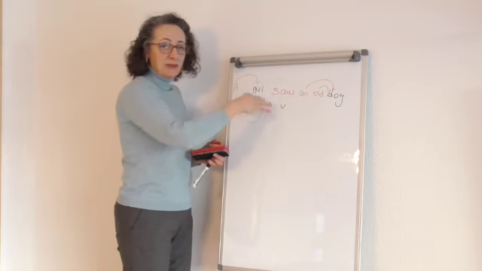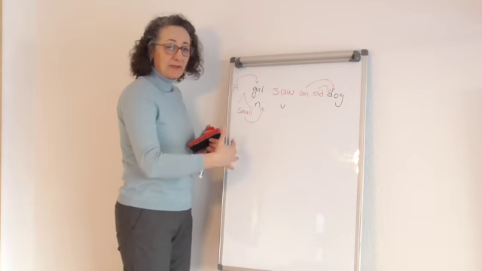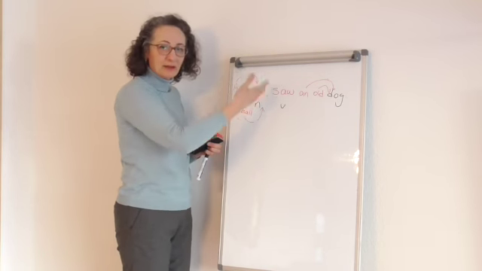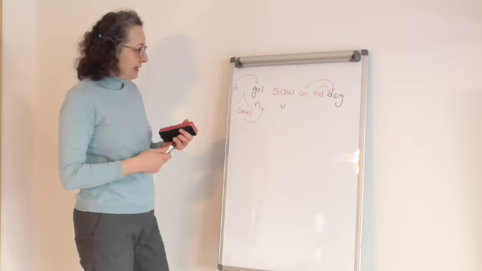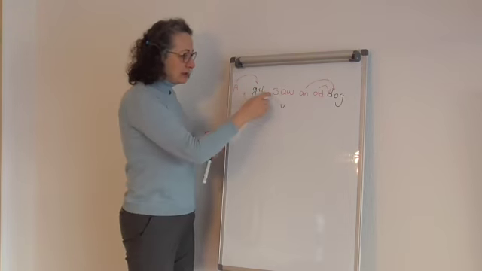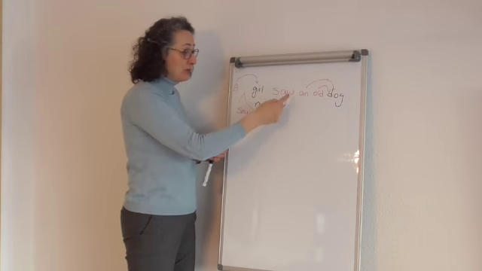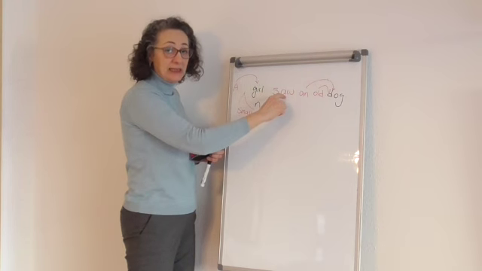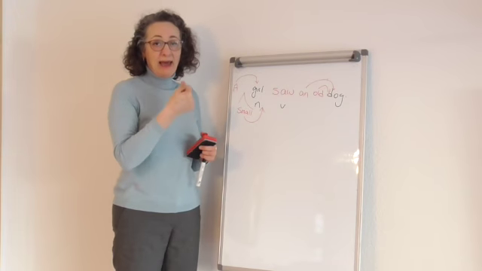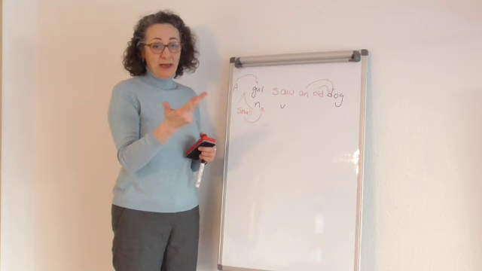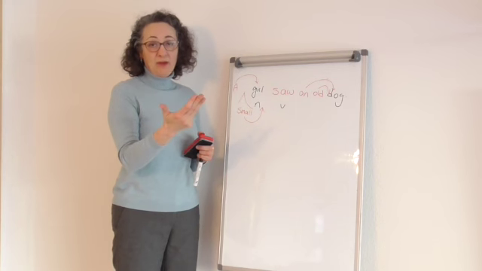Now let's take the same sentence. Because of the lack of space that I have here, I just expand it vertically rather than horizontally. Excuse me for that. Let's take the verb see. If I want to give more information about see, I can give a lot of information. I can say how, when, where, how often.